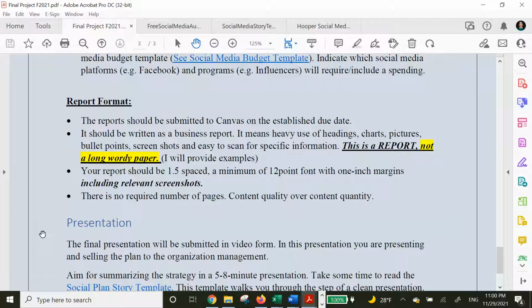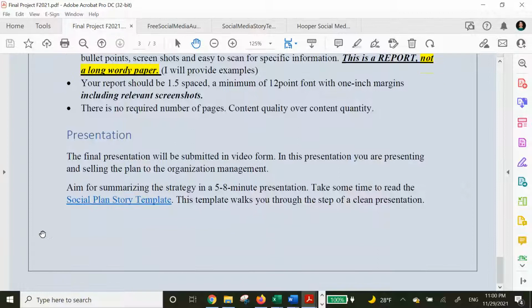In a presentation that is not going to last more than 8 minutes, 5 as a max, you're going to sell your idea. I highly recommend that you check the social plan story template.